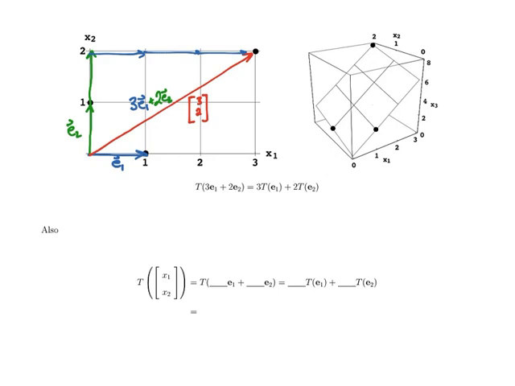And we are translating that to something in R3. Note that in this picture this vector right here is T of E1, and here is T of E2.